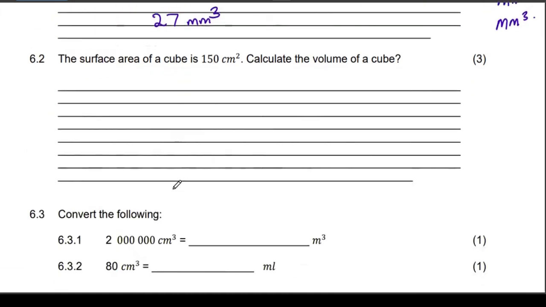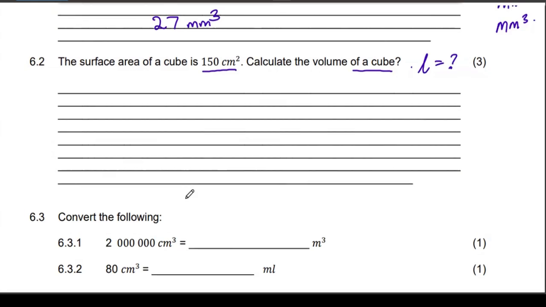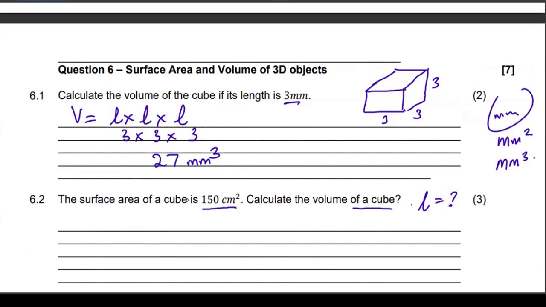All right, then 6.2. The surface area of a cube is given as this. They want us to calculate the volume of the cube. So with this question, what we need is basically the side. What is the length of one side of the cube? We know that the cube has 6 faces, just as you can see.